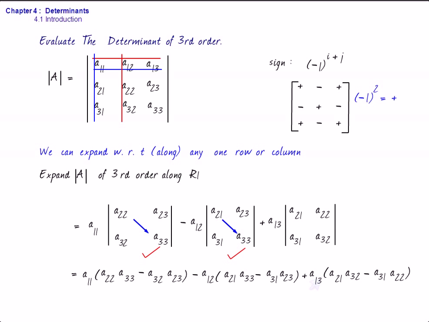So let me take an example of third order. Here directly I am writing a determinant of third order. For example, you have 3, minus 2, 3, 4, 2, 1, minus 1, 4, minus 3, 2. You know the sign convention: plus, minus, plus, minus, plus, minus, plus, minus, plus.